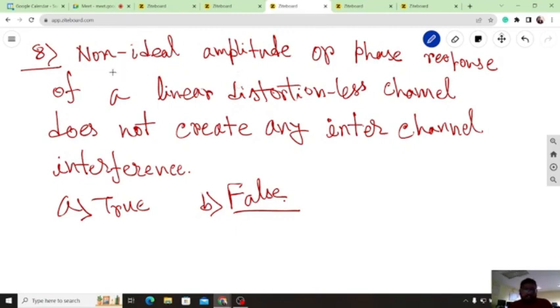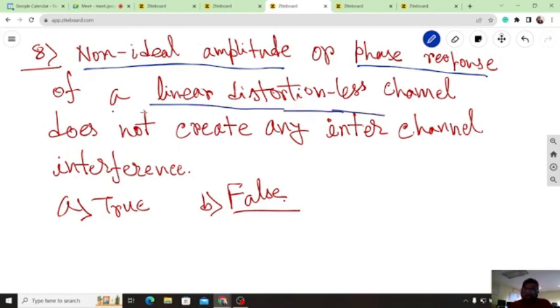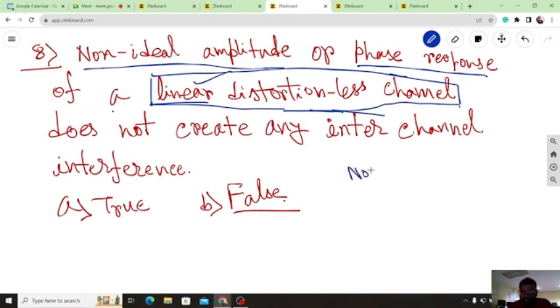So the catch here is it says it only can distort the amplitude or phase response. But whatever the distortion is, it is a linear distortion. Basically it is a linear channel, there is no non-linearity.